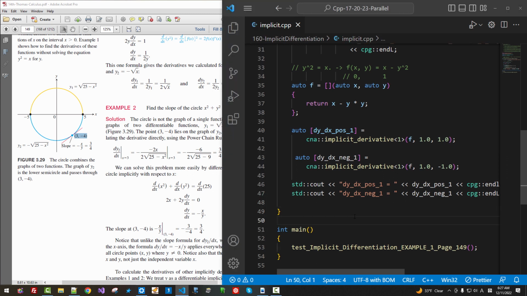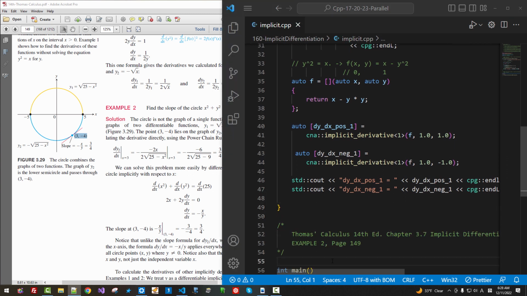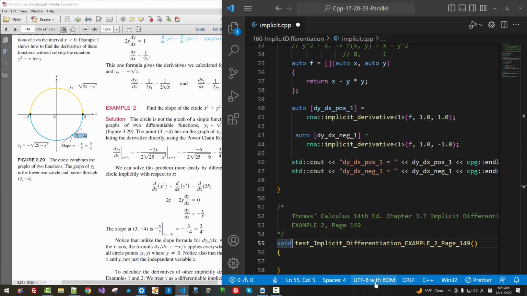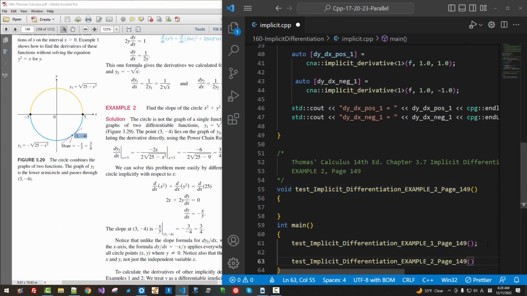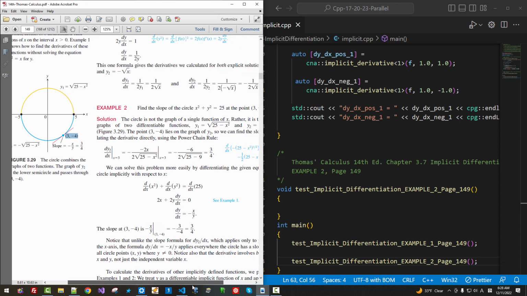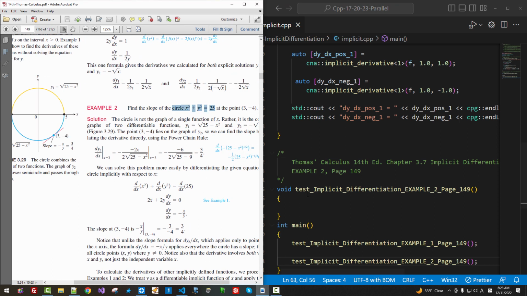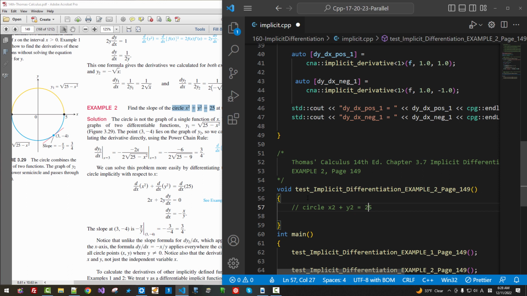We will solve example 2 function name. So copy this function name, paste it here. In this case, we are given circle. This is circle x squared plus y squared equals 25.